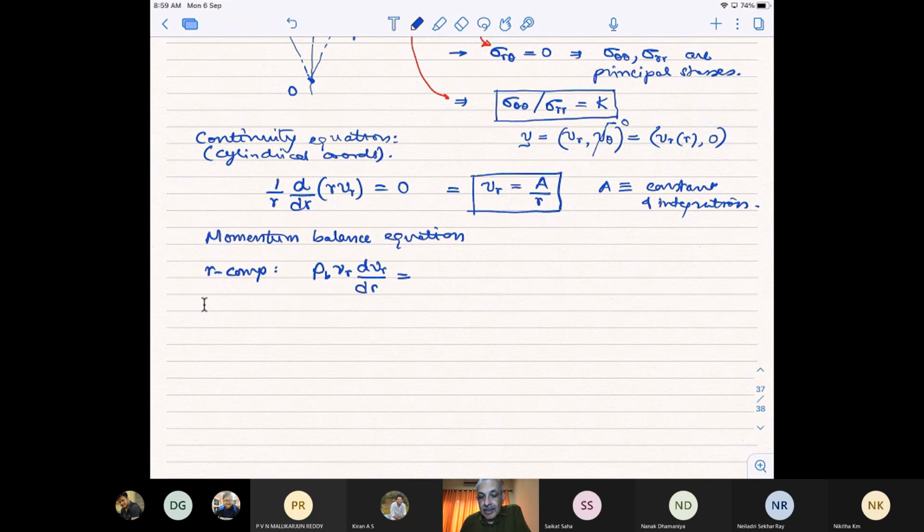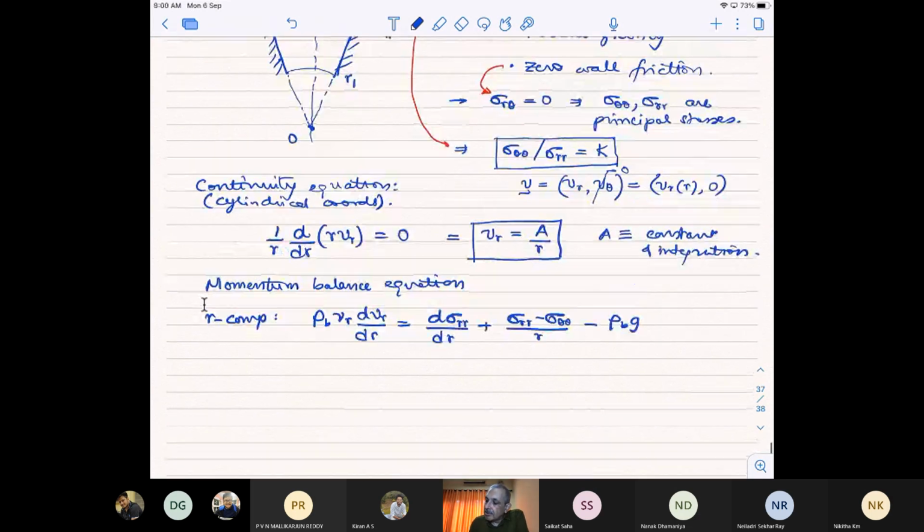This is equal to the divergence of the stress, that is d sigma RR by dr plus sigma RR minus sigma theta theta divided by R, minus rho B into G.